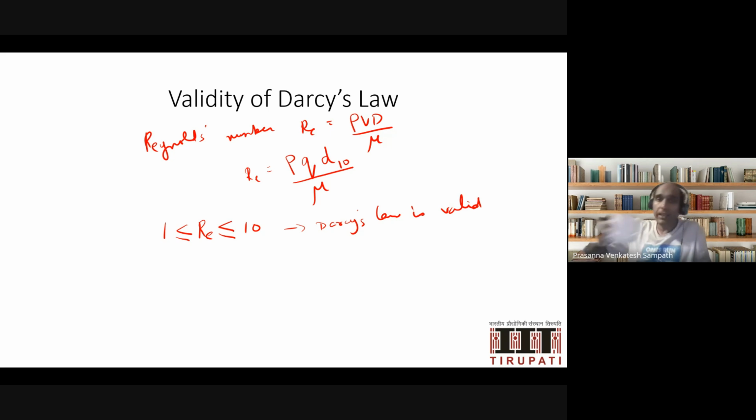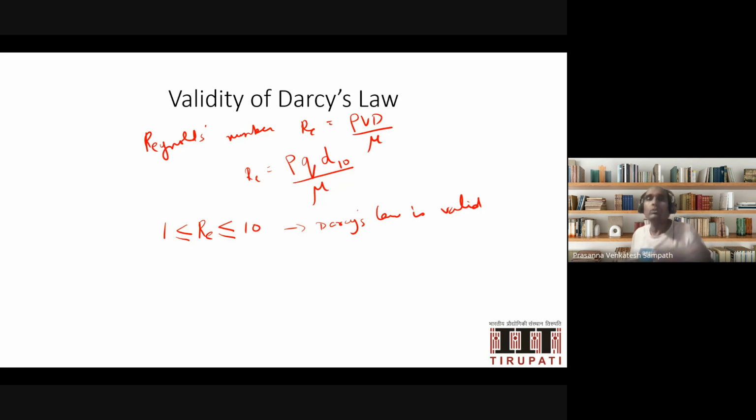Beyond the Reynolds number of 10, what happens is that the flow tends to become more and more turbulent, and therefore Darcy's law is no longer valid, right? Now, this notion of laminar flow and turbulent flow is very easily understood, right?